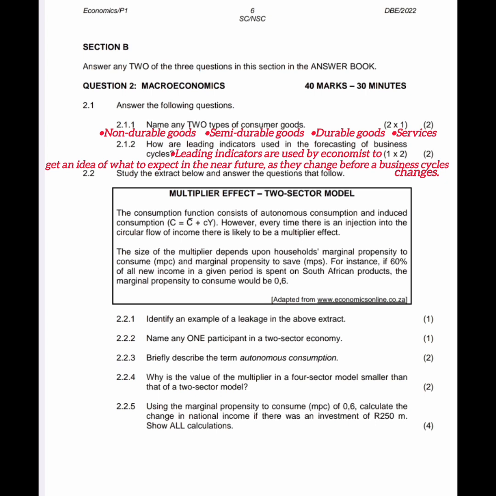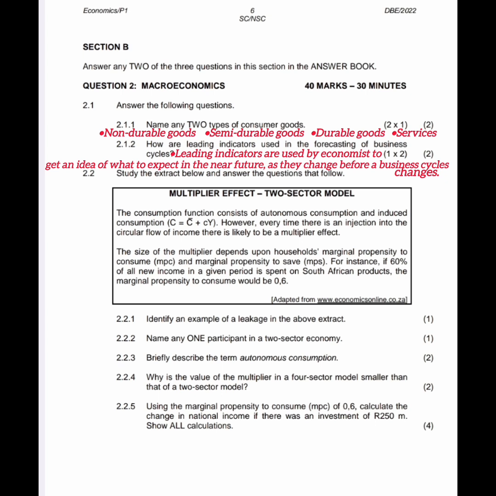So 2.2, study the extract below and answer the questions that follow. Multiplier effect, two-sector model. The consumption function consists of autonomous consumption and induced consumption. C equals C plus CY. However, every time there is an injection into the circular flow of income, there is likely to be a multiplier effect.